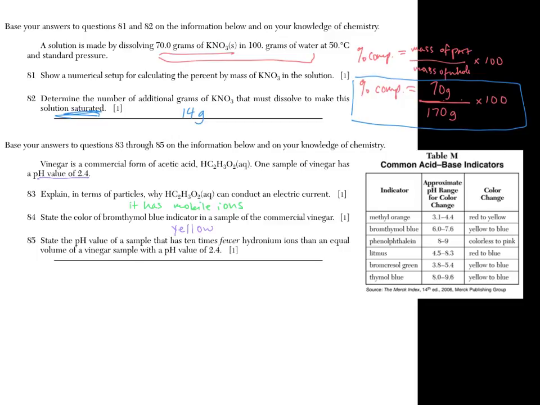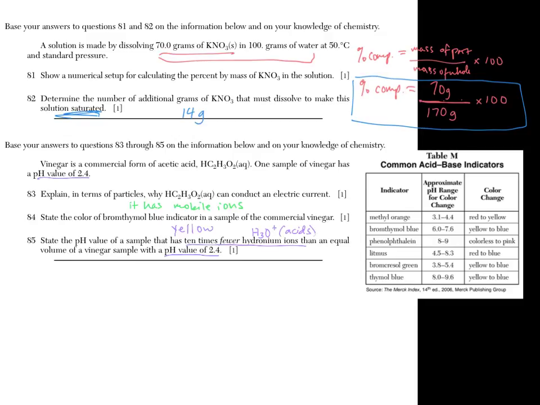Number 85. State the pH value of a sample that has 10 times fewer hydronium ions than an equal volume of vinegar sample with a pH value of 2.4. So hydronium ions are definitely related to acids. All right, so hydronium is H3O+, and that's related to acids.